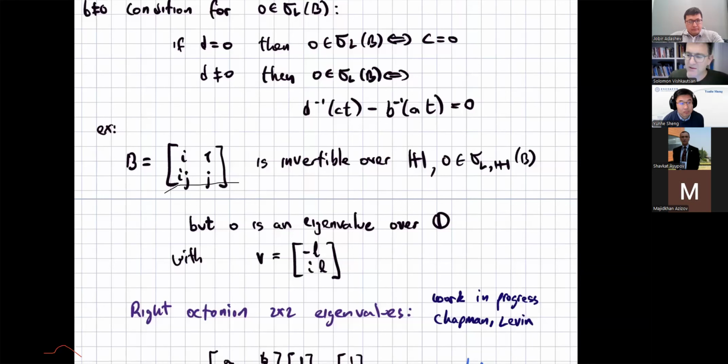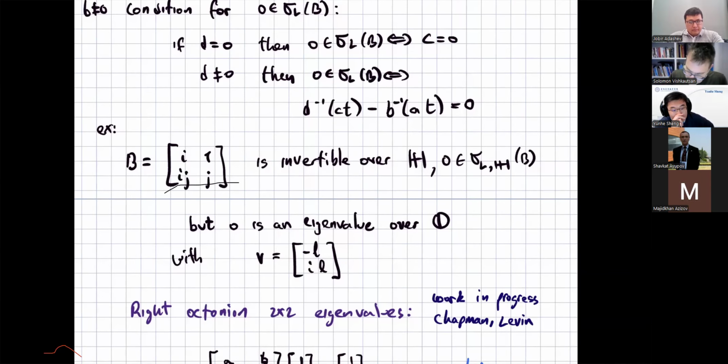There's a determinant form and a way to compute an inverse over the quaternions. And you can check that this matrix has a two-sided inverse. And obviously, because it's invertible, zero is not in the spectrum.